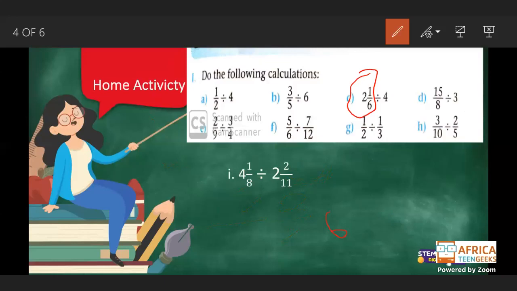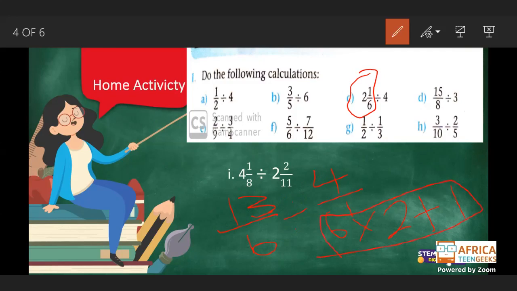You will have your 6 multiplied by 2 plus 1, and that gives you 13. So I'm giving you an answer for number C. You will have 13 over 6. And they say divide by 4. You will have 13 over 6, and you'll also have 4 over 1 before you can swap.